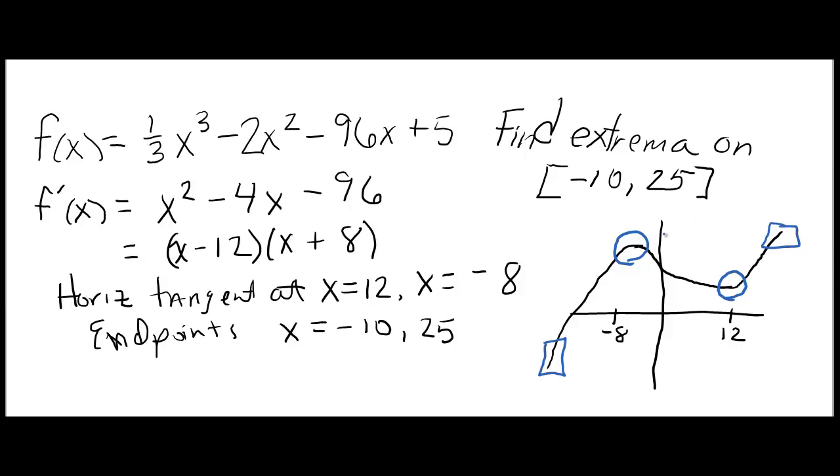Now the question is, is the y value at the left endpoint truly lower than the y value at 12? Well, we have to find the y value by plugging in.